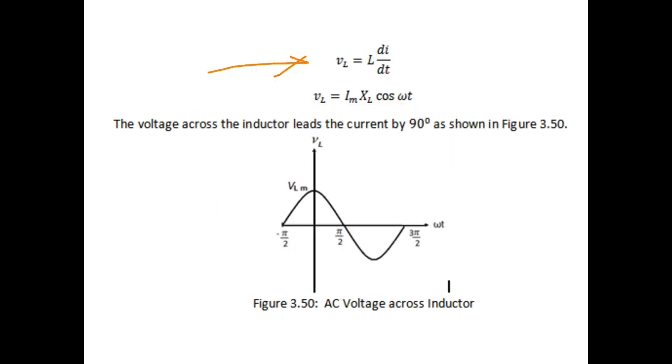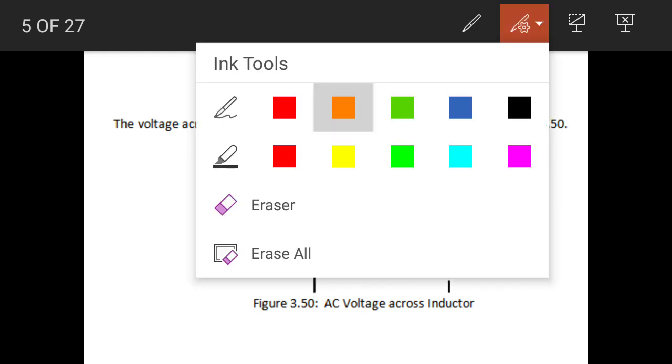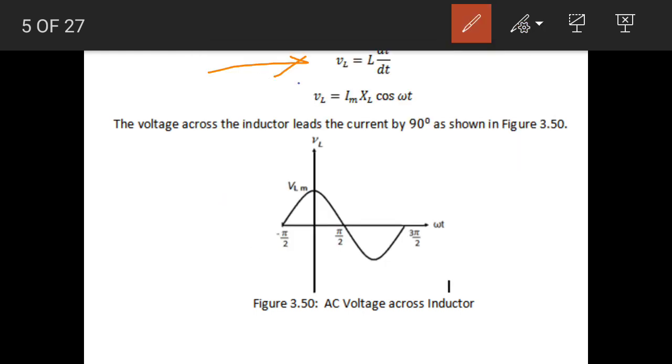So if we put the value of the current in the first equation, we get the voltage across the inductor, and the voltage across the inductor will be equal to Im XL cos omega t, where Im indicates the maximum value of the current, XL represents the inductive reactance of the inductor. This is the inductive reactance, and this inductive reactance opposes the flow of AC current.